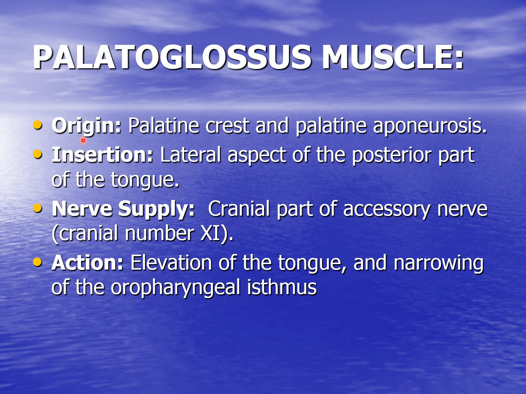What is the origin of the palatoglossus? Palatine crest and palatine aponeurosis. Insertion into the lateral posterior part of the tongue. Nerve supply: this is the only exception of all the muscles of the tongue.